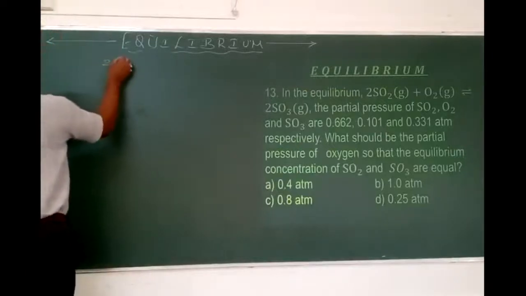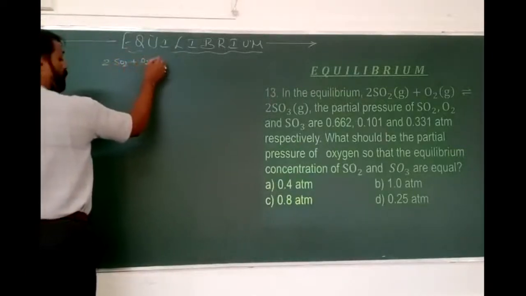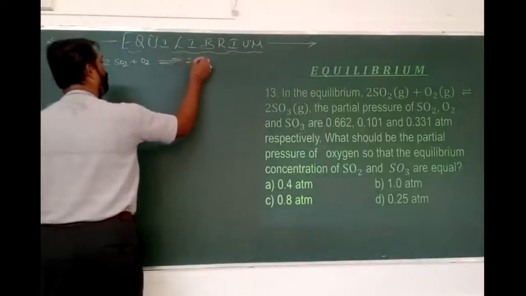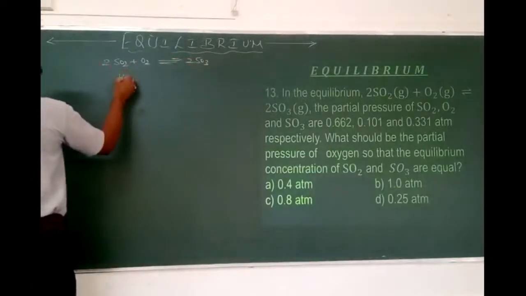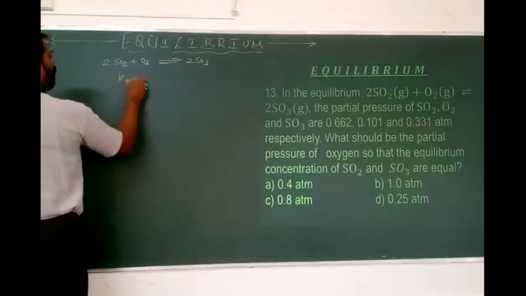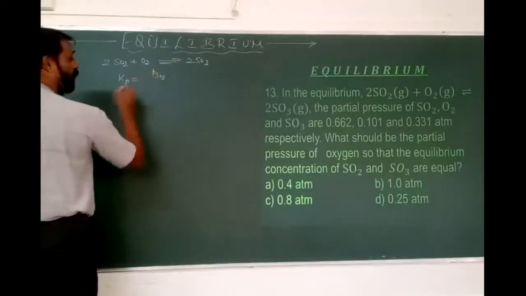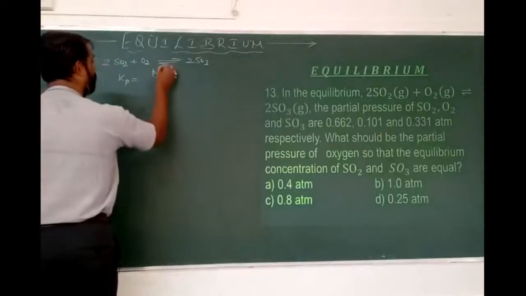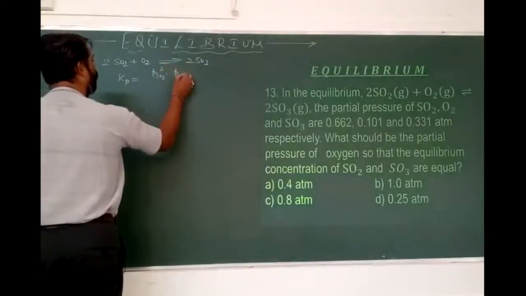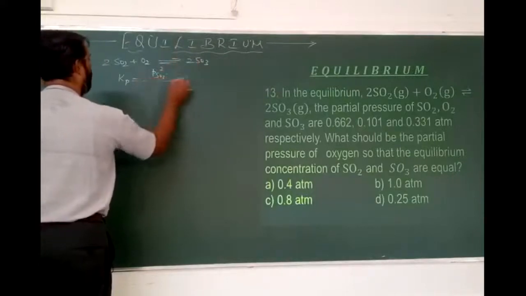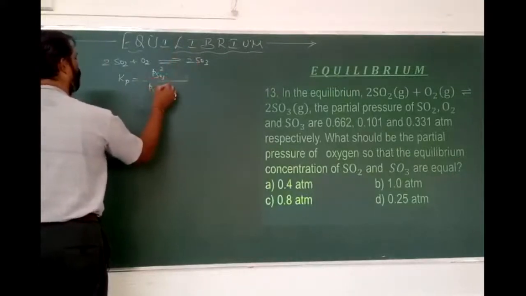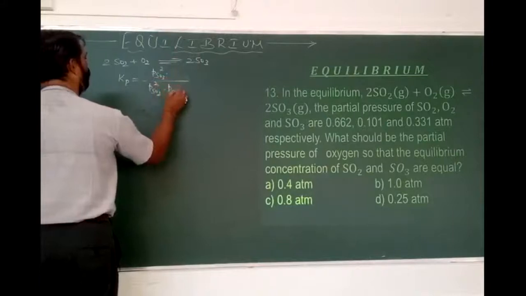So here the reaction is 2SO2 plus O2 gives rise to 2SO3, a gaseous reaction. According to that, Kp is equal to partial pressure of SO3 whole square divided by partial pressure of SO2 whole square into partial pressure of O2.